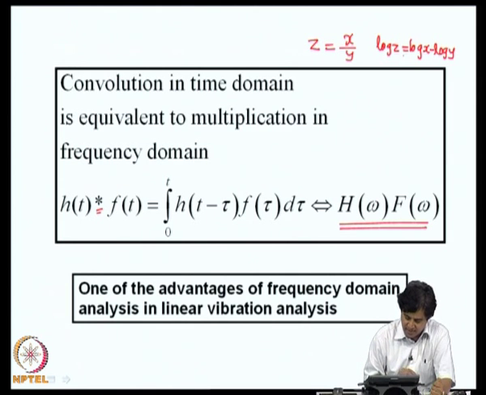In the same sense, we will not try to evaluate this integral in time, but we will go to the frequency domain and find, instead of x of t, its Fourier transform. Then this is equivalent to finding log z, and then I will do the so-called inverse Fourier transform and get x of t as desired.